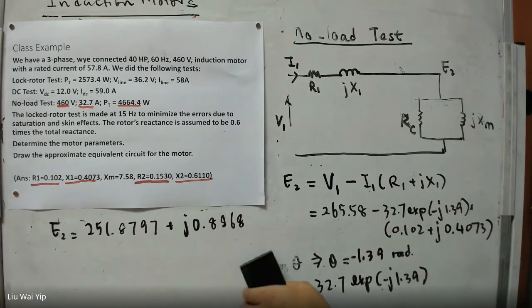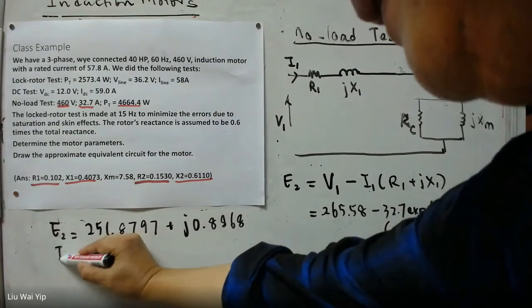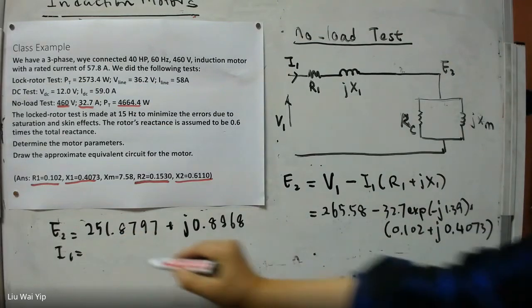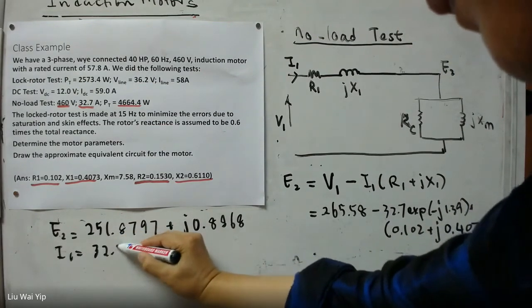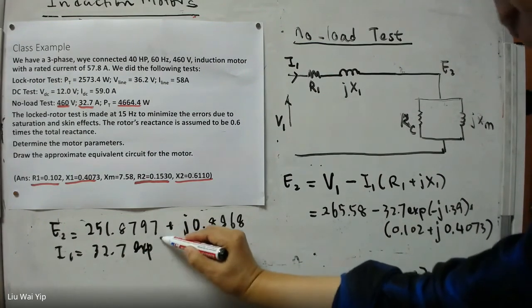So this is your value. And do not forget that, right? I1 is according to here. And then some complex value.